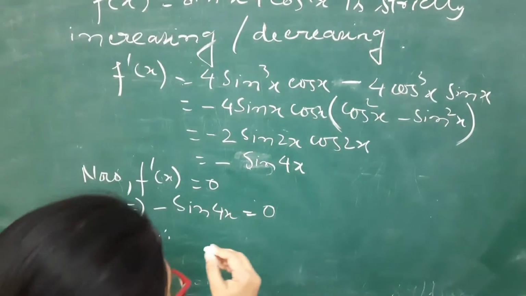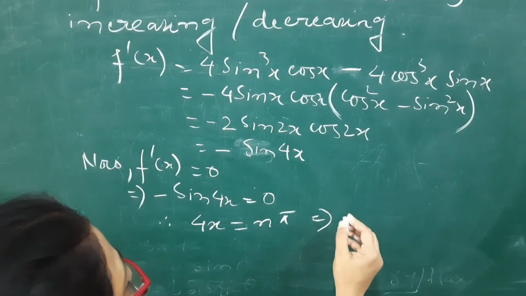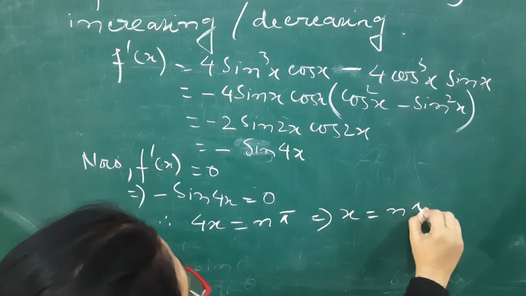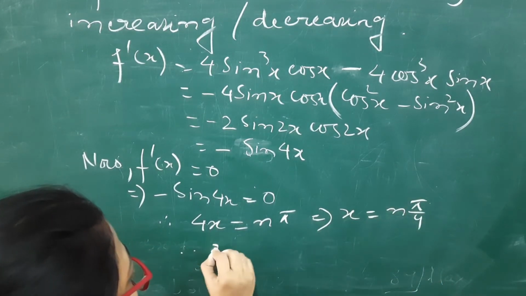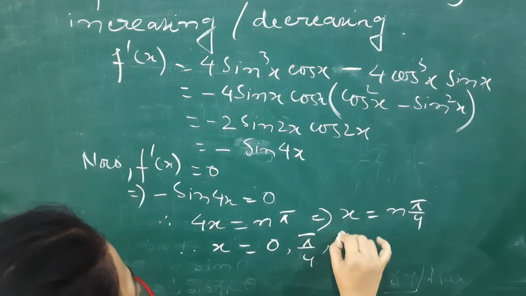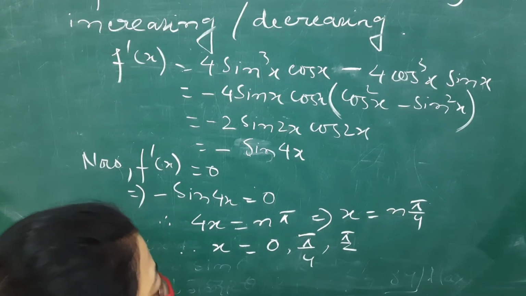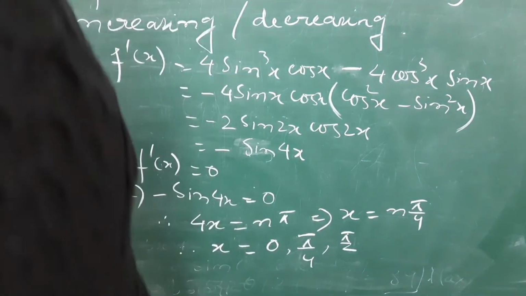That means 4x is equal to n pi, that is x equal to n pi by 4. So x equals either 0, pi by 4 or pi by 2. Now the interval is in between this and this, there is pi by 4.